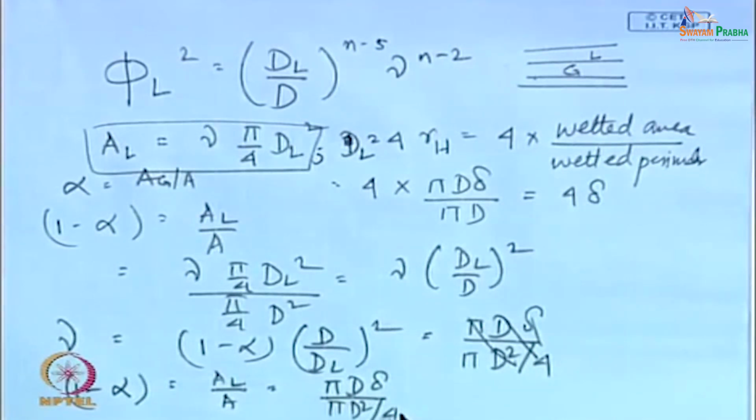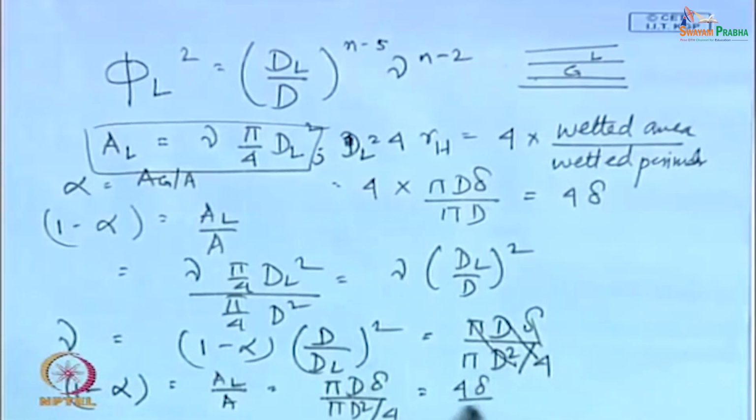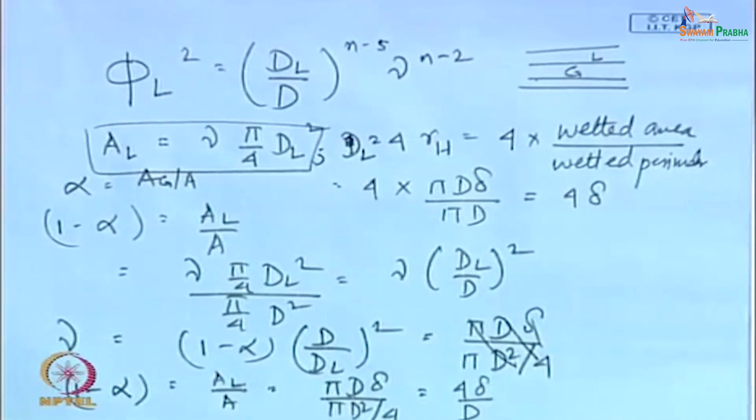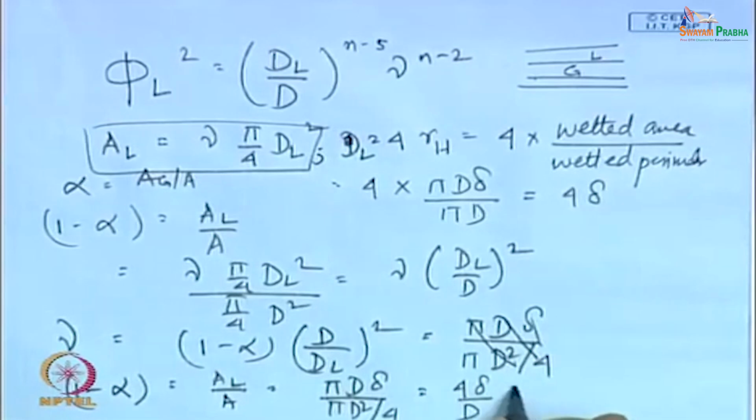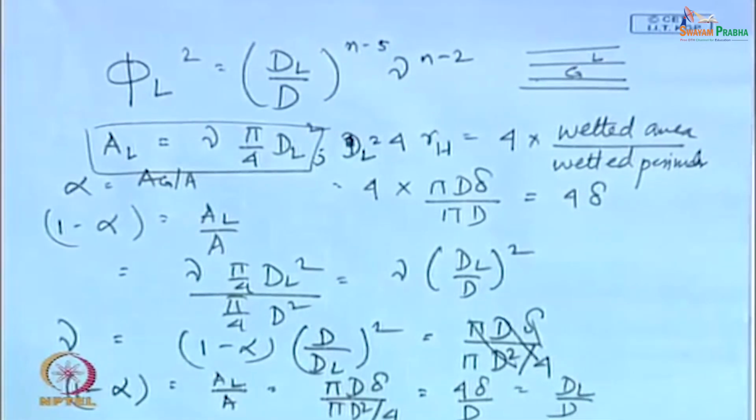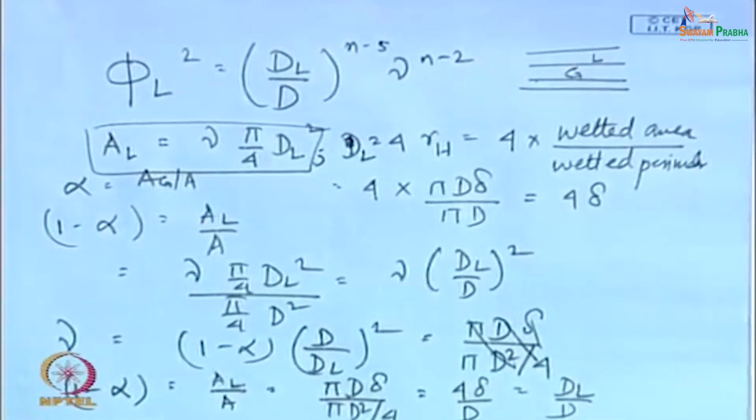If the liquid film thickness is much less as compared to tube dimensions, definitely 1 minus alpha can be expressed in this particular form, yes or no? Yes. So, what is this basically? This is 4 delta by d, yes or no? Agreed, and which is nothing but equal to d_L by d, is not it? So, therefore, what is d by d_L equal to?